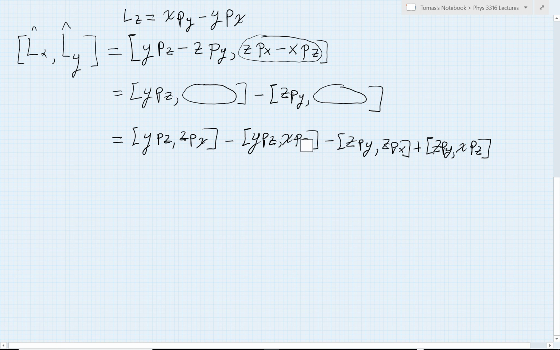Also, pz commutes with itself. Any operator commutes with itself. Pz acting on pz minus pz acting on pz, of course, would just give me 0. The final combination is when these coordinates are commuted with pz. But remember, the momentum in the z direction is an operator, which involves h bar on i times the partial derivative with respect to z.